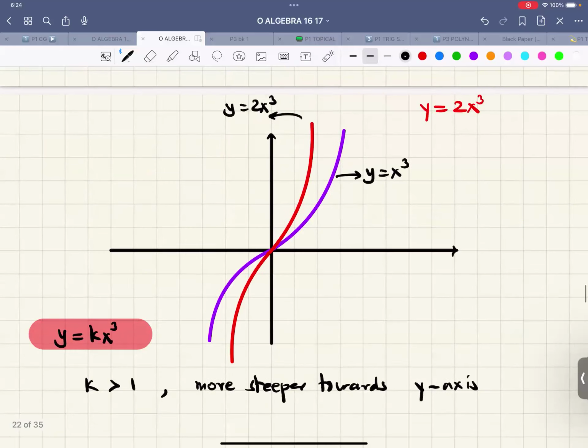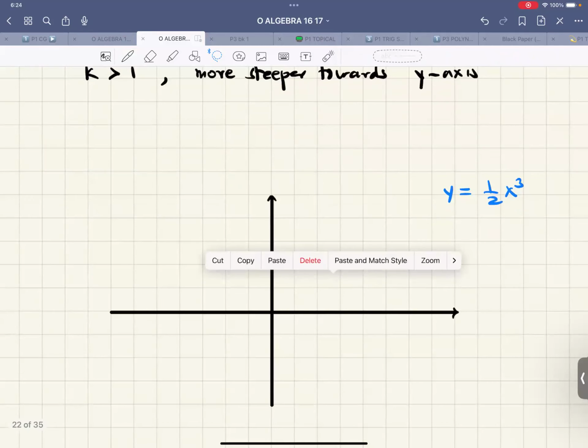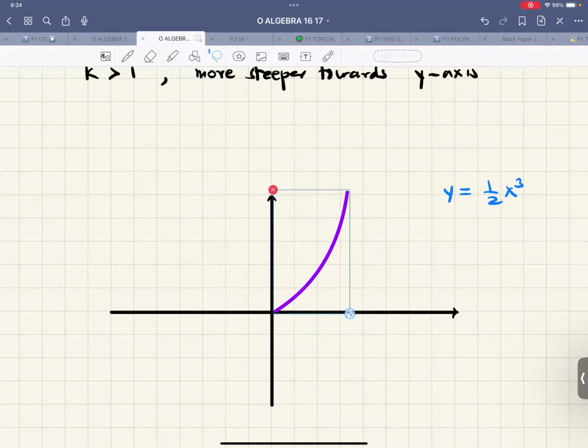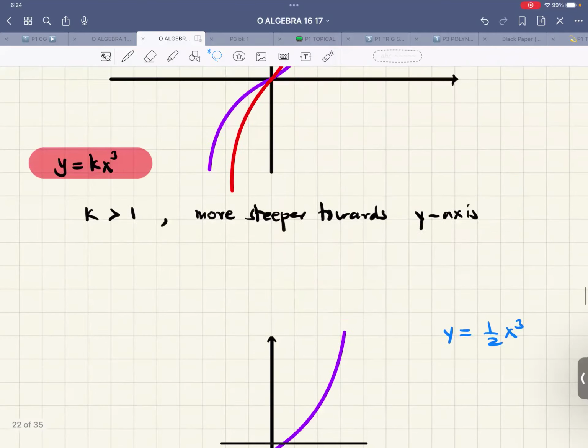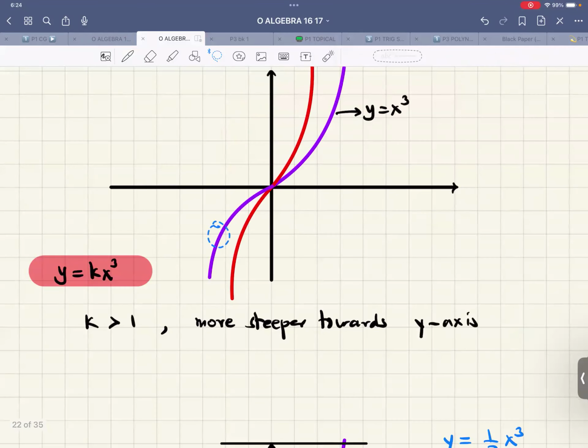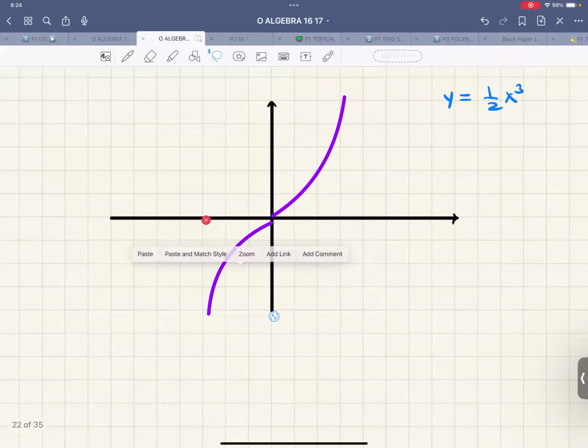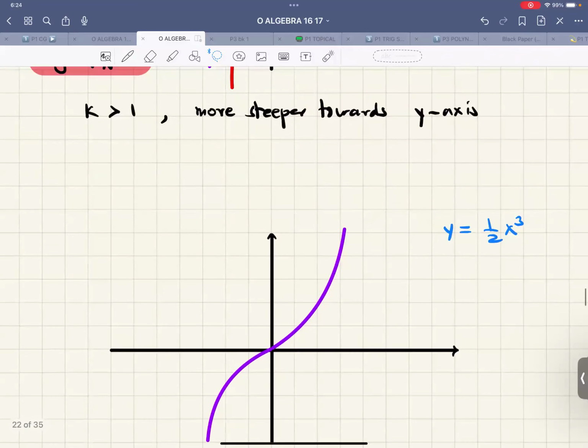Now over here, I'm interested in half x cubed. So let me just choose this purple one. Let's copy it. And it goes like this. And over here, let me copy this. And now half x cubed in blue color.